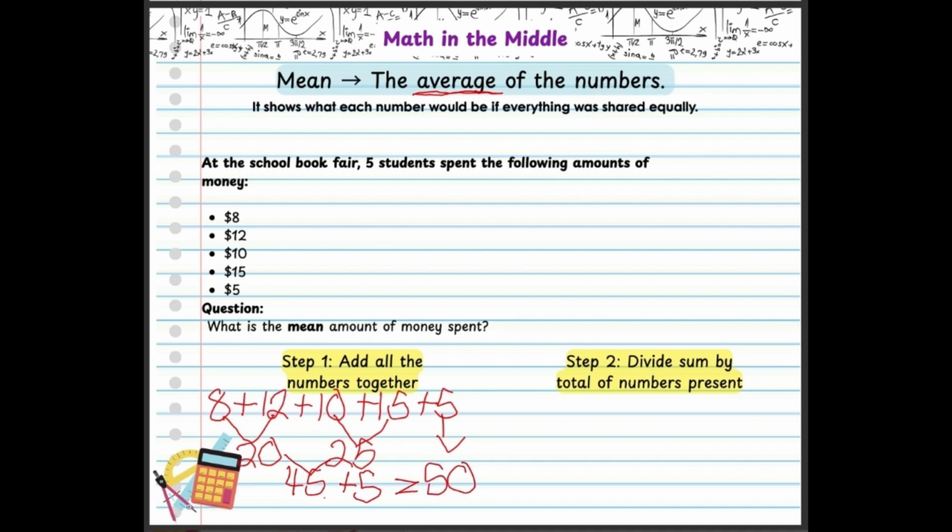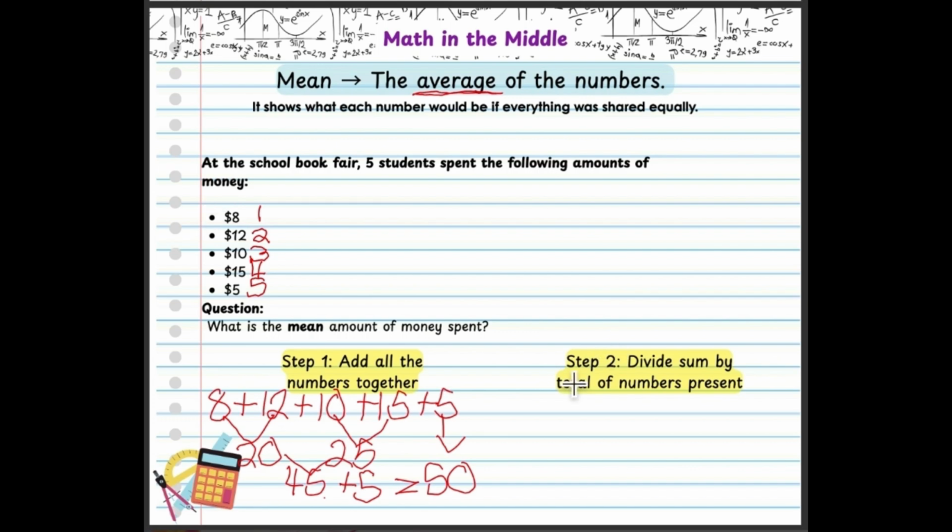Awesome. So step 2, we have to divide the sum by the total of numbers present. So we have to divide our 50 that we got by how many numbers we actually have. So let's count them out. 1, 2, 3, 4, and 5. So we have 5 numbers right here.